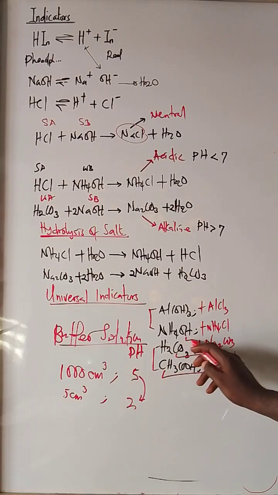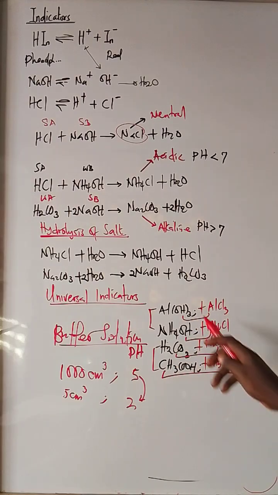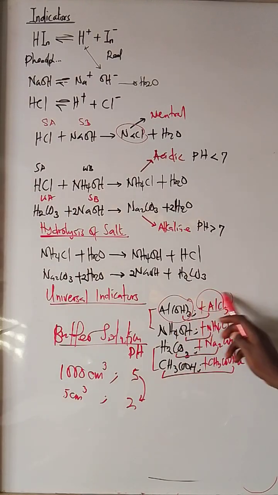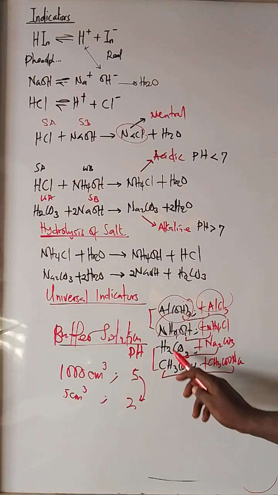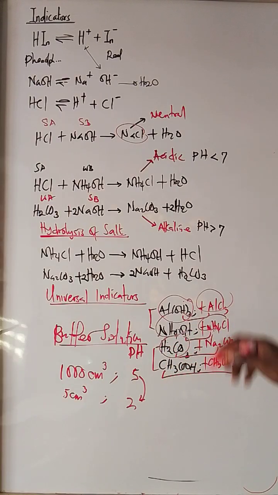So we have a weak base with its own salt, or a weak acid with its own salt. In this kind of solution, if a little acid or a little base is added, the pH will resist change. It will not easily change.